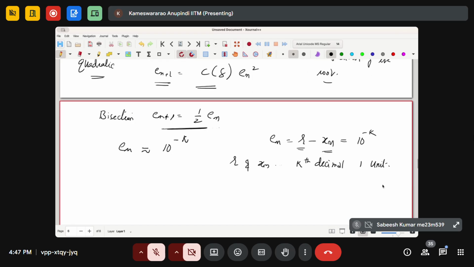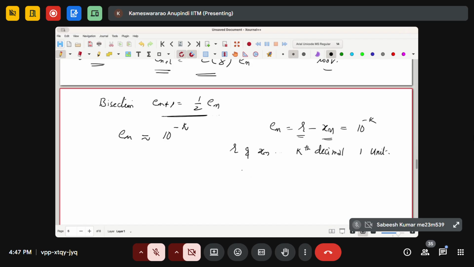For example, if my r is 2.35212 and I take k equals 3, that is 10 to the minus 3, my xn would come out to be something like 2.35205, so it matches up to the third decimal.